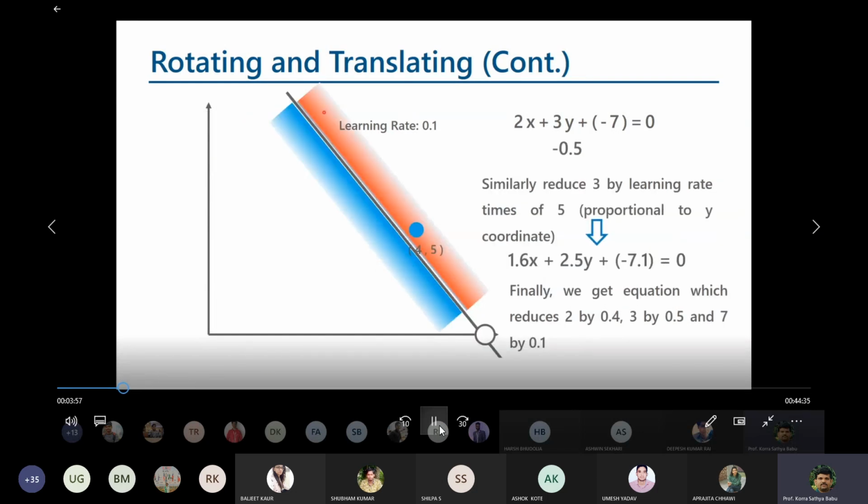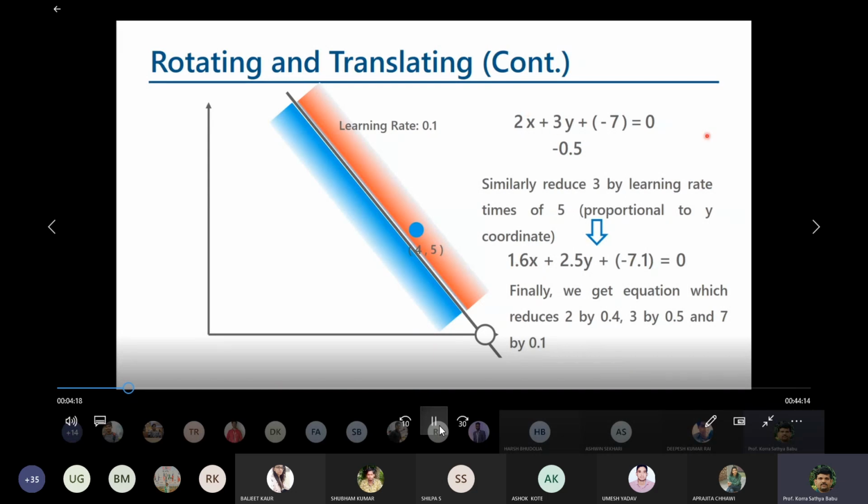Similarly for y, reduce 3 by the learning rate times 5. This 5, proportional to the y coordinate.